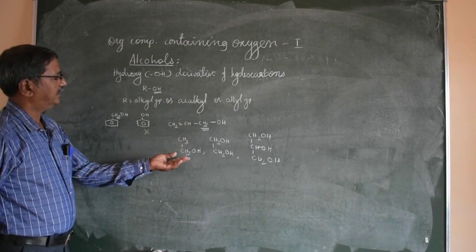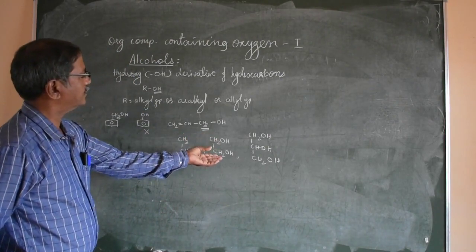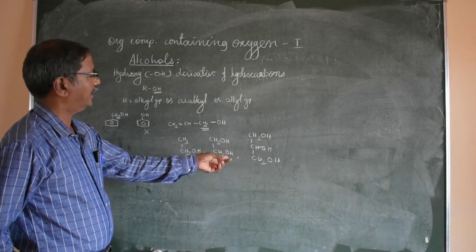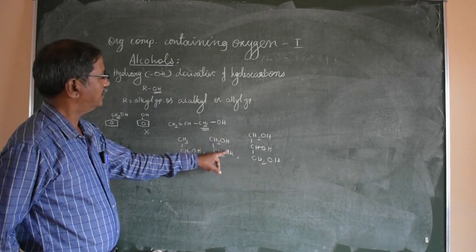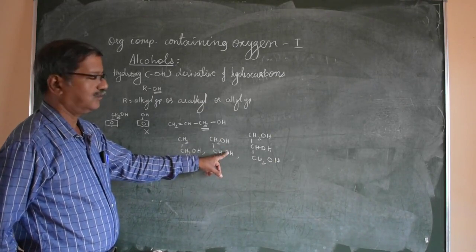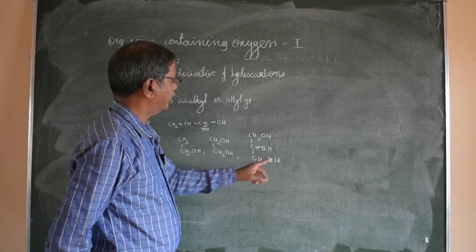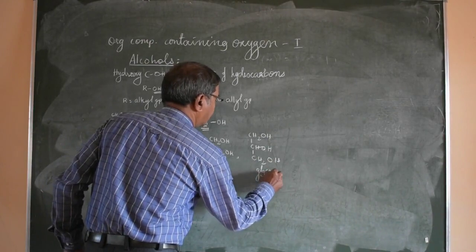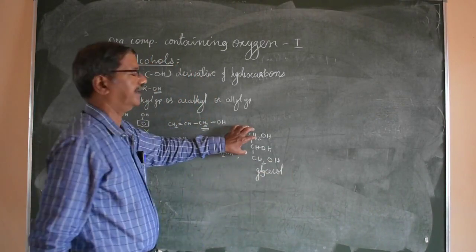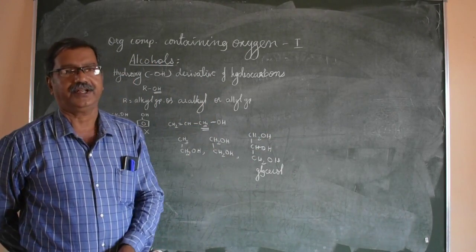So ethyl alcohol has one OH group. This is called ethylene glycol; ethylene means CH2CH2, so it is ethylene glycol, and we have two OH groups. With three OH groups, trihydric alcohol, this is called glycerol. If it is greater than three OH groups, it is called polyhydric alcohol.